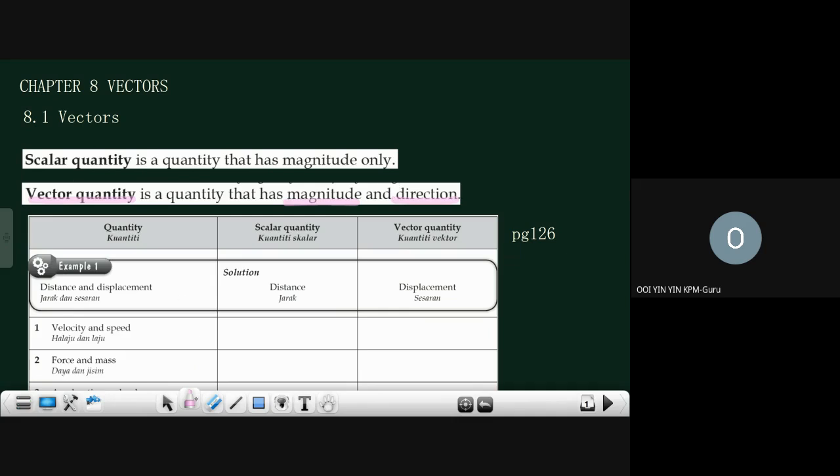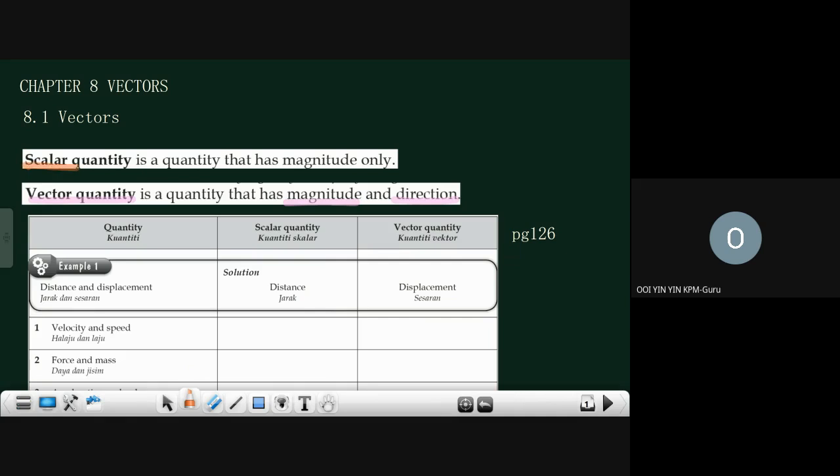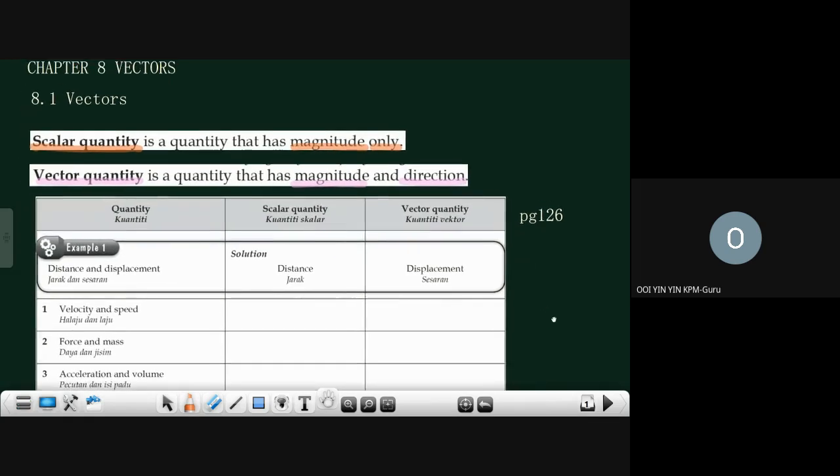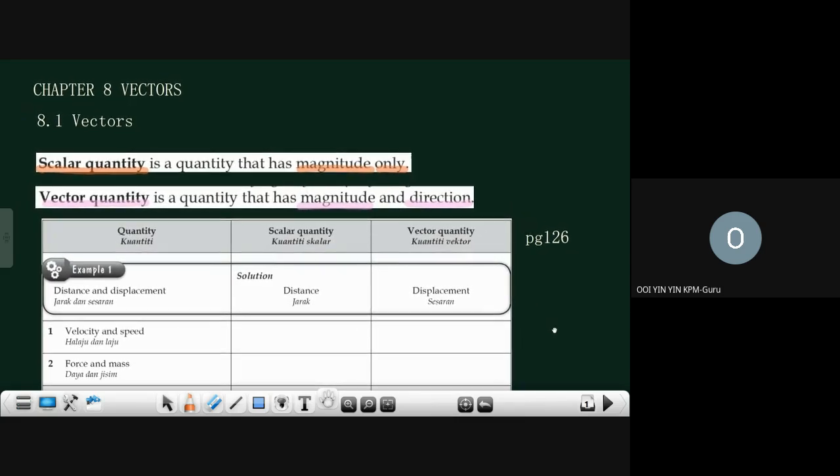Then as for your scalar quantity, you will only have magnitude only. You see the word only, that means no direction. That is the difference between scalar quantity and vector quantity. I just refreshed what you learned in your physics. Your physics teacher will explain more details about scalar quantity and vector quantity, right?